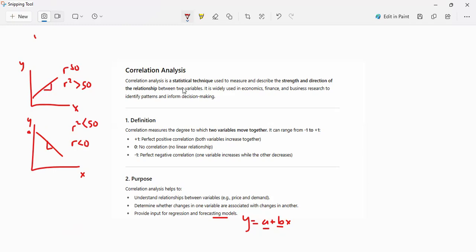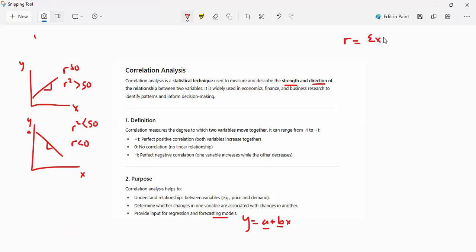So the correlation analysis is a statistical technique that is used to measure the strength, which is R squared. R squared is the coefficient of determination. And the direction. The direction is simply the coefficient of correlation, okay, which is given by R. R is given by summation of what?